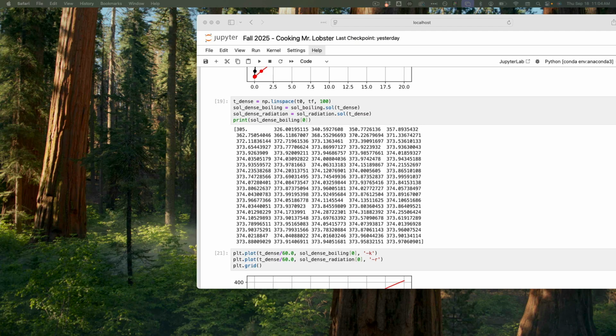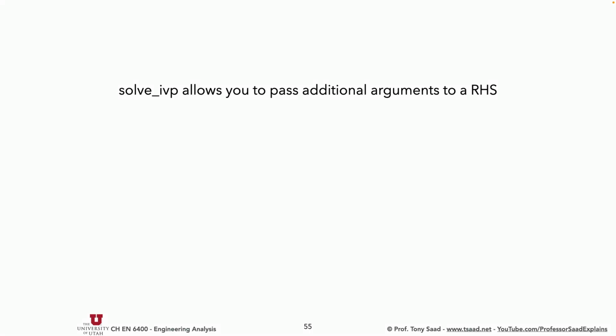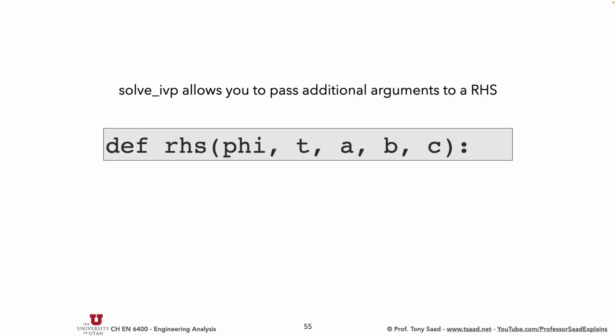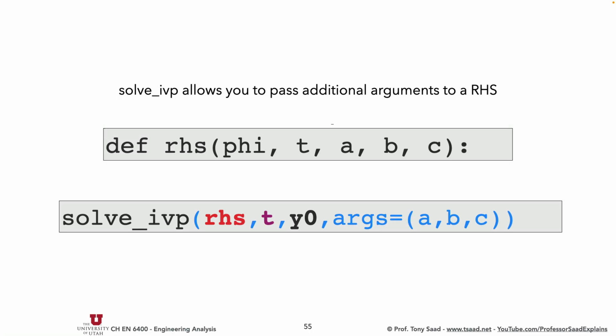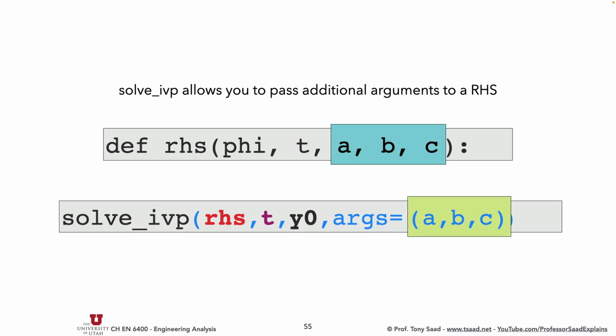Not ODE int, sorry. Solve IVP, I'm still living in the past. Solve IVP, just like root, also allows you to pass arguments to the right-hand side. There's no need to discuss this again. We know how to use it. If your right-hand side routine, which should always be right-hand side of t comma phi, or t comma dependent variable, has a bunch of other arguments, you can pass them through with args, and they will get passed on to your right-hand side.